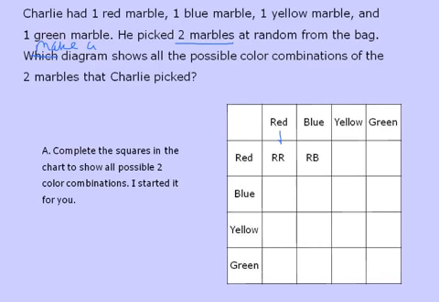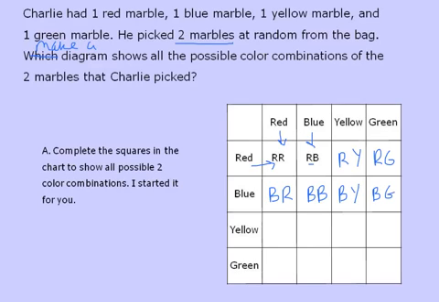If I have red, this one would be red. This is blue, and that's where red comes in. So here we have red and we have yellow, red, green. So this is blue and red, blue and blue, blue and yellow, and blue and green.